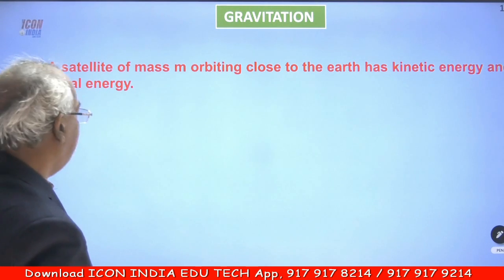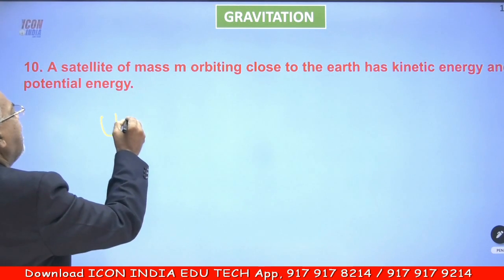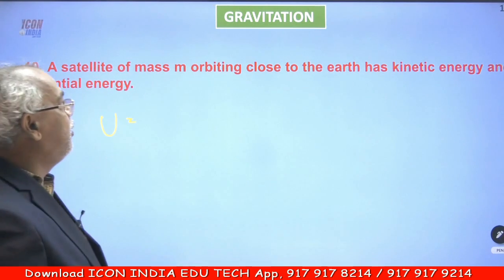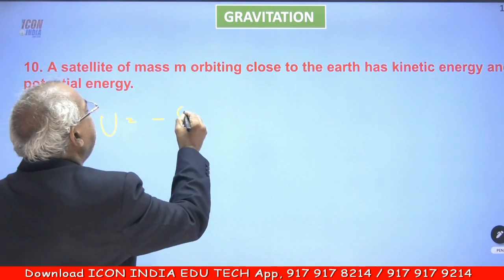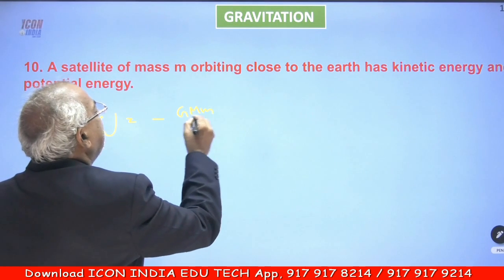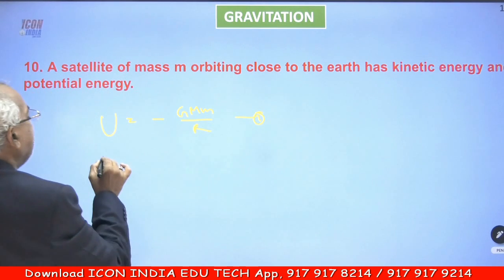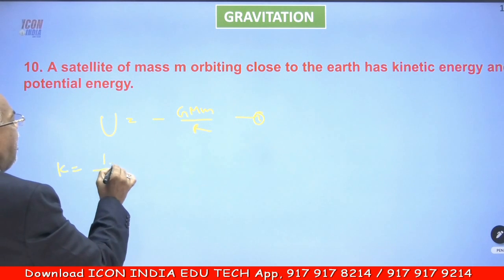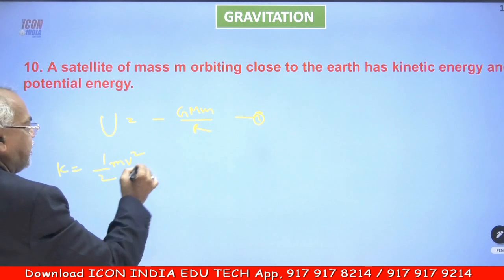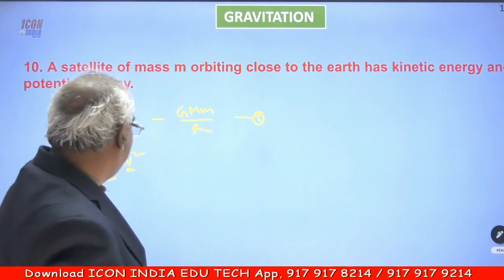Here the potential energy of a satellite or any body very close to the earth is equal to minus GMm by R, and the kinetic energy K is equal to half mv square. This v is the orbital velocity.